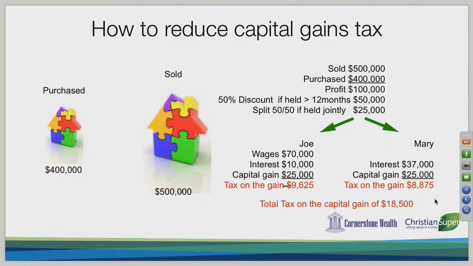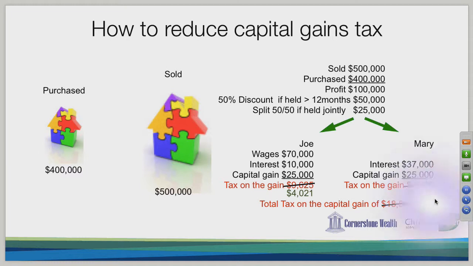So we can see here, just this couple, by planning ahead a bit, they've been able to save, what, $11,000 odd just by planning ahead and making some contributions to super to offset these gains. So if you look at the scenario, rather than paying $9,625, we've got a tax saving of $4,000 for Joe. We've got a tax saving of $3,800 for Mary.